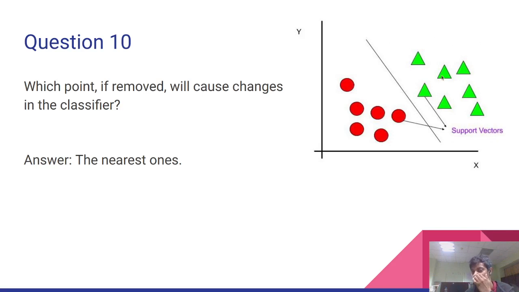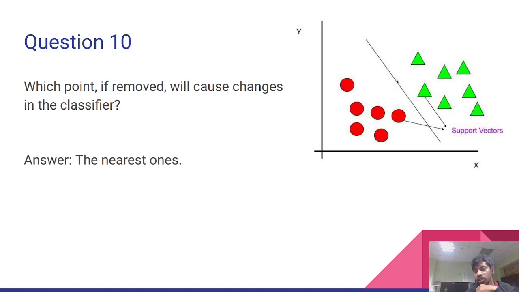Any point that comes after this, it will still be able to say this is 1, and any point coming here, it will say this is -1. So if you consider just this and the hyperplane, then you can classify.